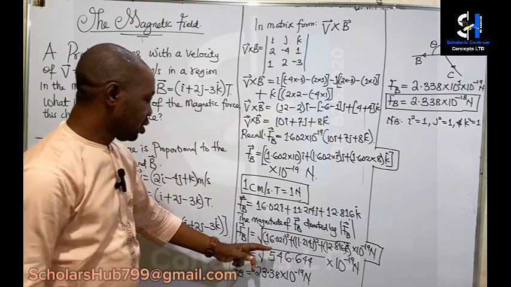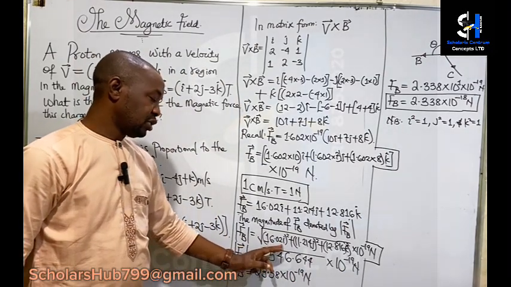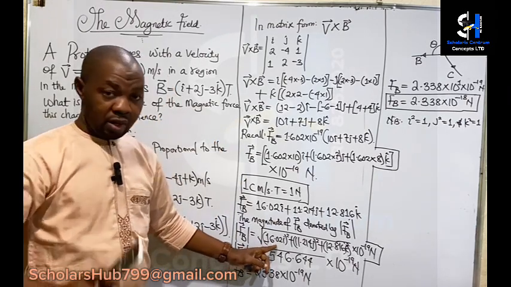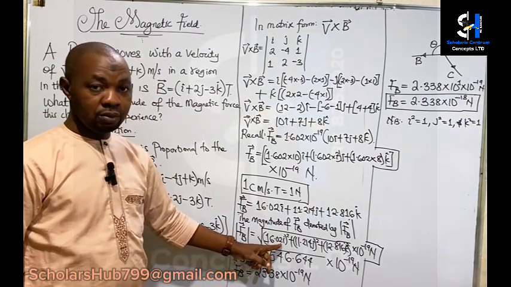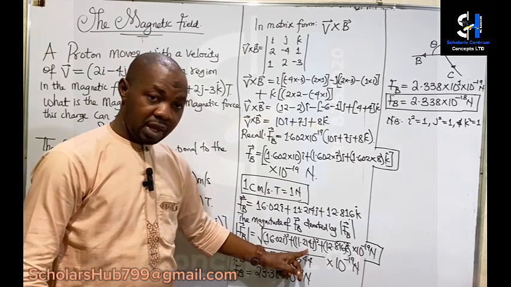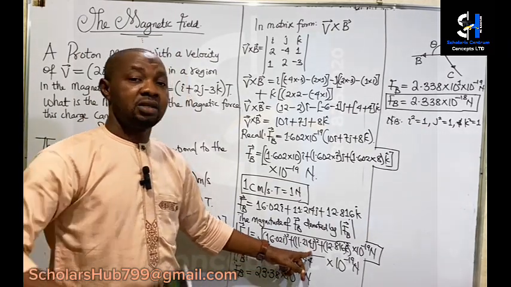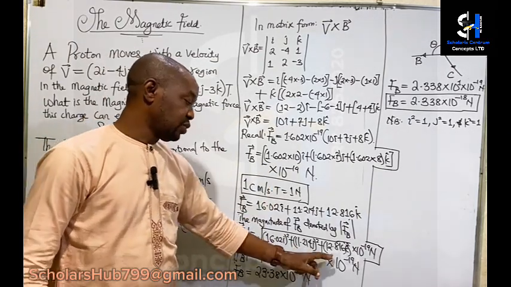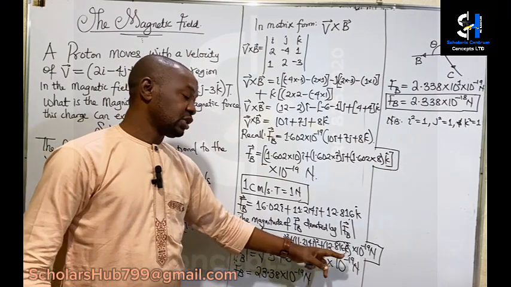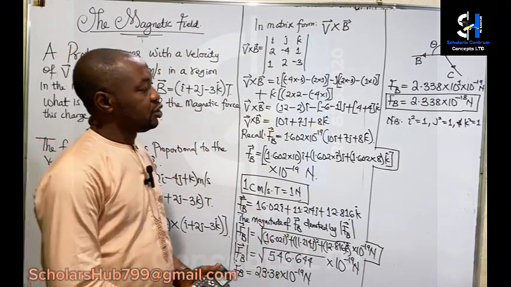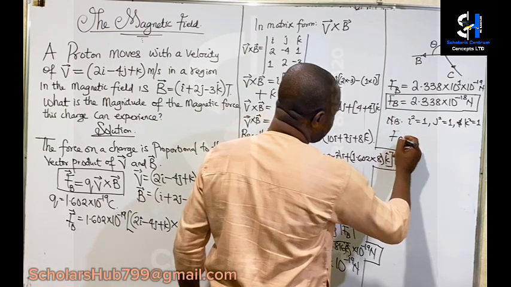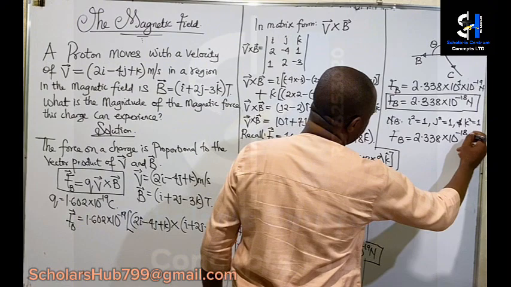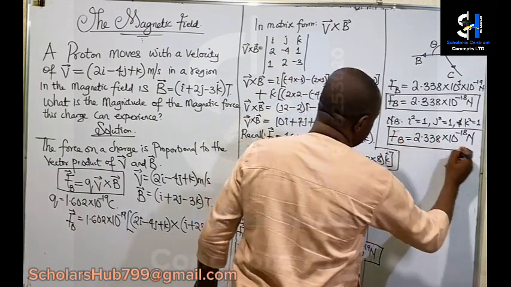So when we take the square of 16.02 I square, because I square is 1, we only get the square of 16.02. The same thing applies to 11.214 J square and 12.816 K square. So the magnetic force is 2.338 times 10 raised to the power of minus 18 Newton.